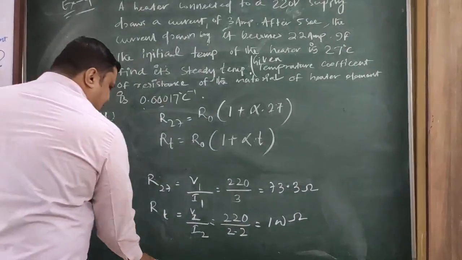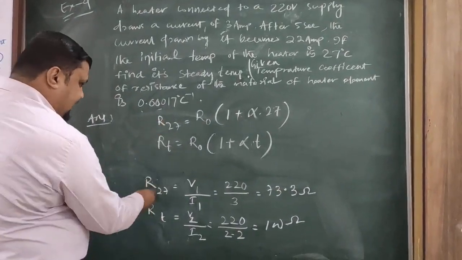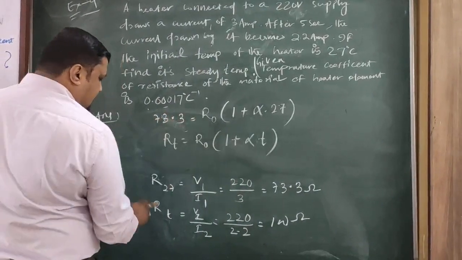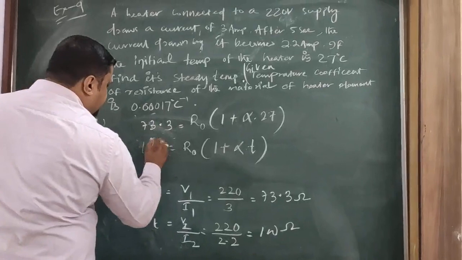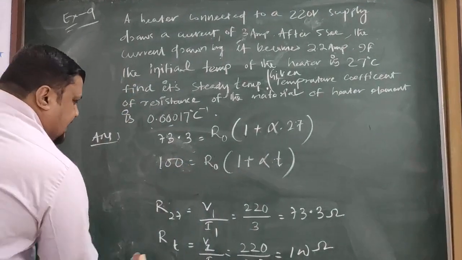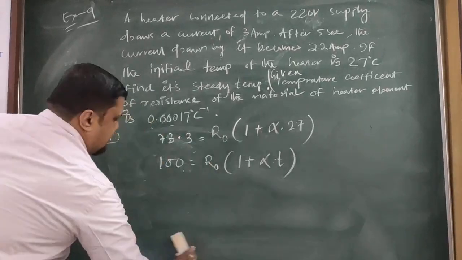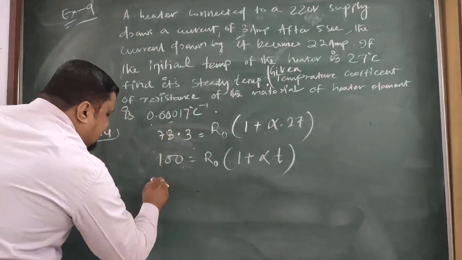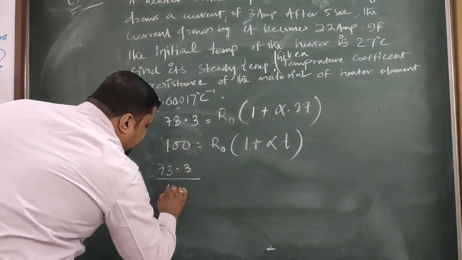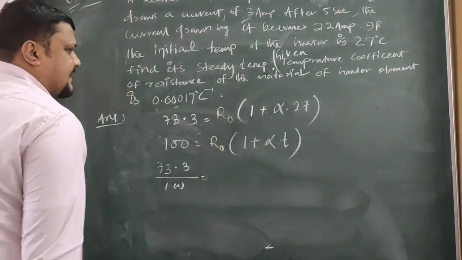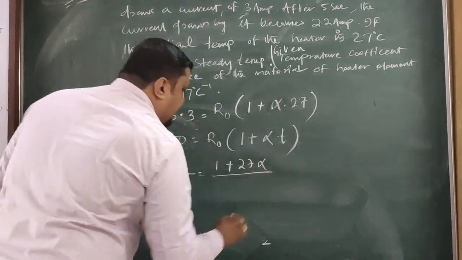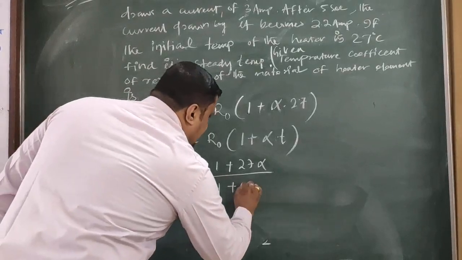And if you solve this, R27 is 73.3 ohm and RT is 100 ohm. So 73.3 by 100, this R0 gets cancelled, is equal to (1 plus 27 alpha) divided by (1 plus alpha T).